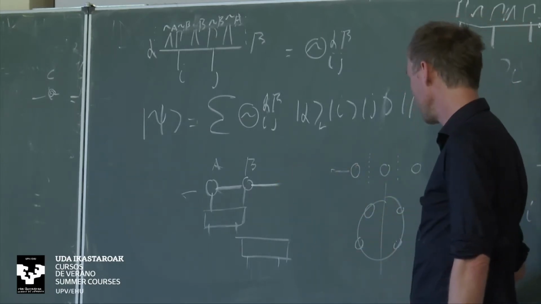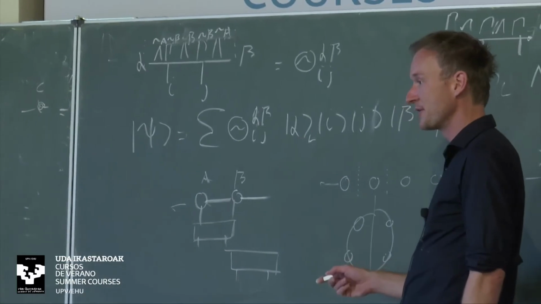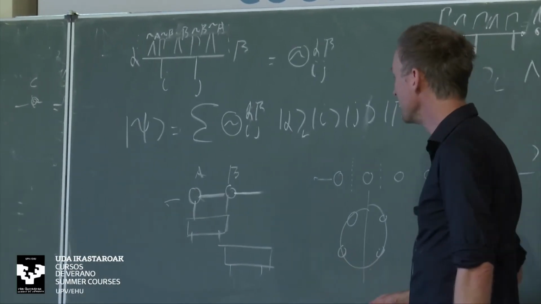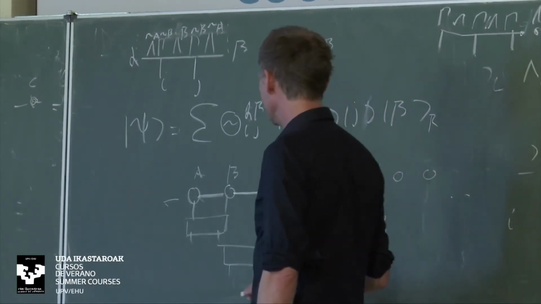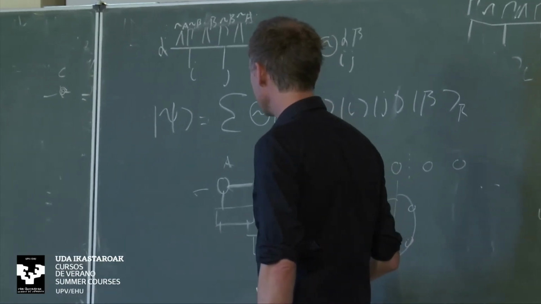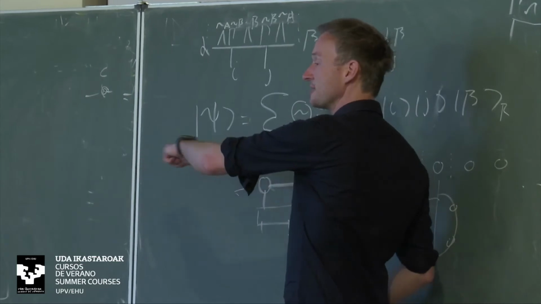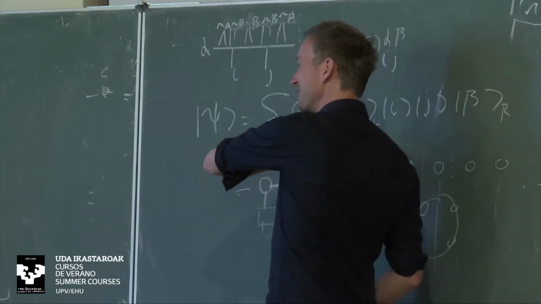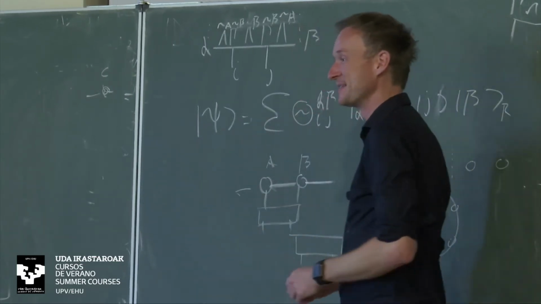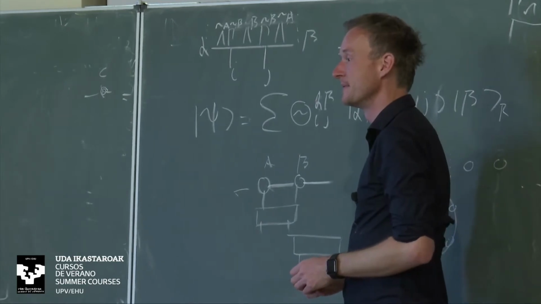If I wanted to do the same algorithm with periodic boundary conditions, I could, but I would have to use a different way to update the last site. There's a way using swap gates, but this is getting a bit trickier.